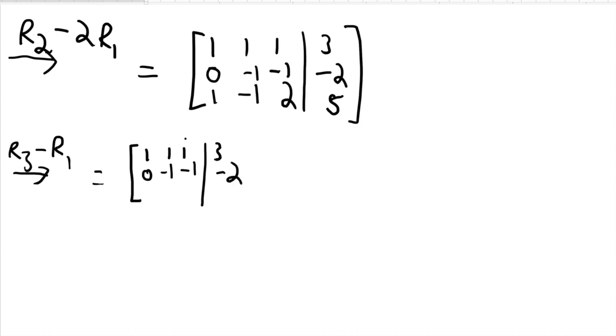Row 3: 1 minus 1 is 0, -1 minus 1 is -2, then 2 minus 1 will be 1, and then 5 minus 3 will be 2. So that's the first iteration of Gaussian elimination.